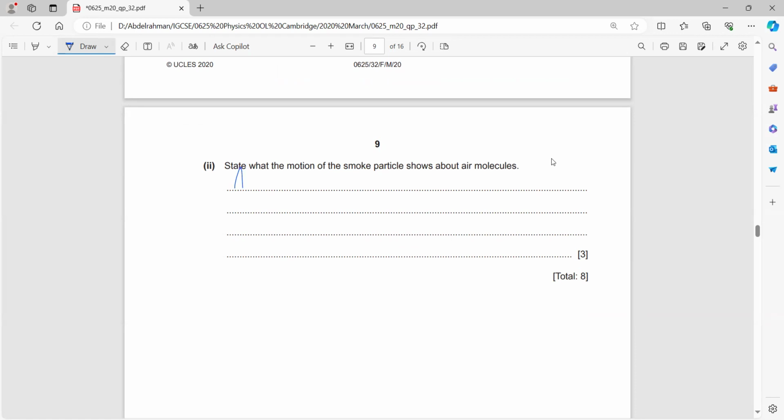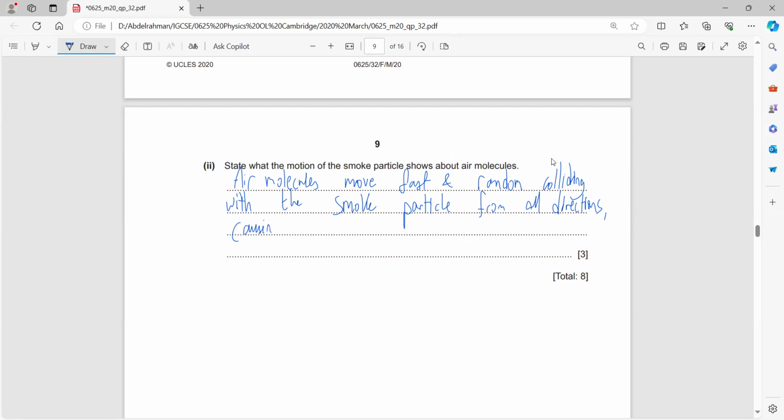Air molecules move fast and randomly, colliding with the smoke particle from all directions, causing a random zigzag motion.